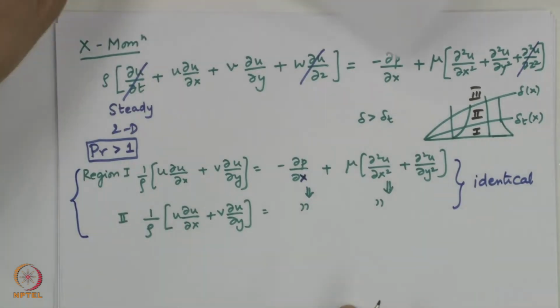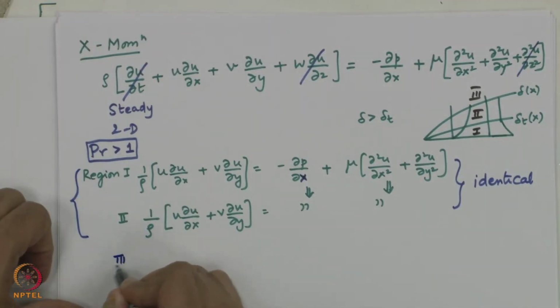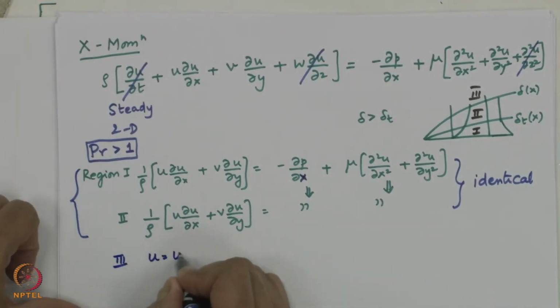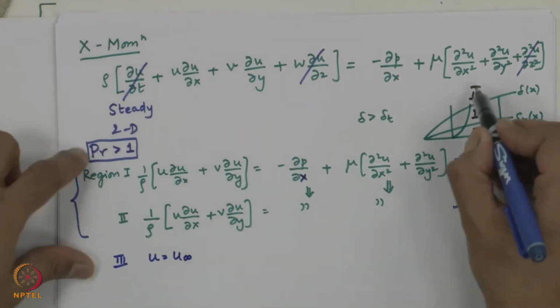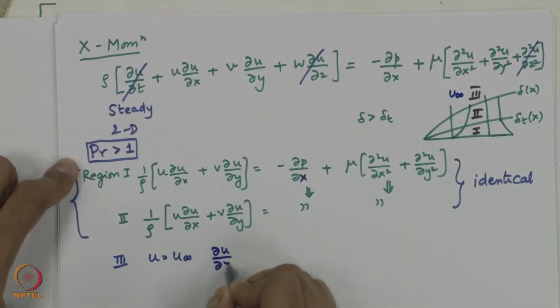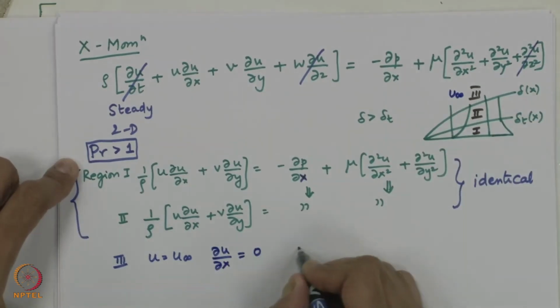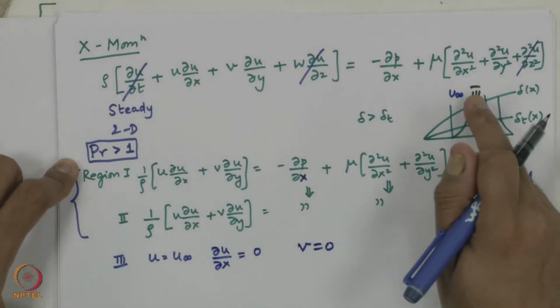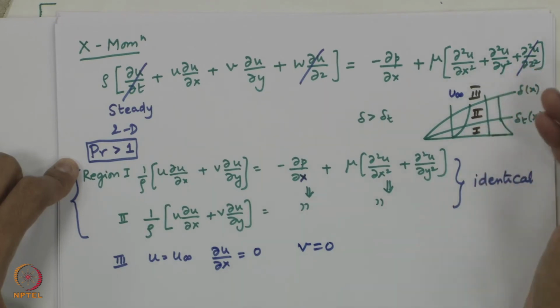So, what happens in region 3? Life becomes easy. U is equal to u infinity, we saw that. U equal to u infinity here, and therefore du by dx equal to 0. V is 0 in this part because u is a constant. Continuity equation tells me du by dx plus dv by dy equal to 0. If u is constant, du by dx is 0. Therefore, dv by dy is equal to 0 and the velocity is identically equal to 0. You have seen this in fluid mechanics. So, in the free stream, v is also 0.